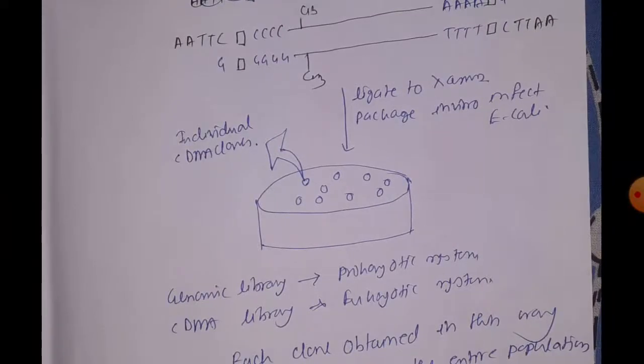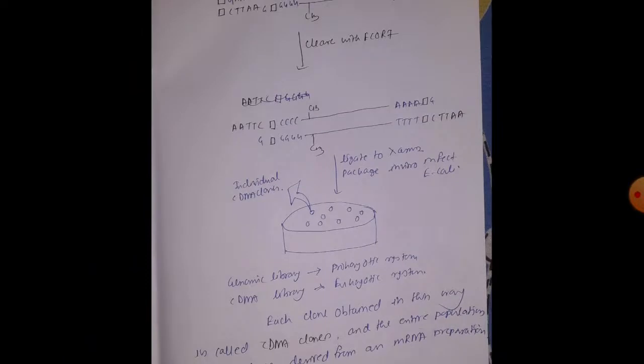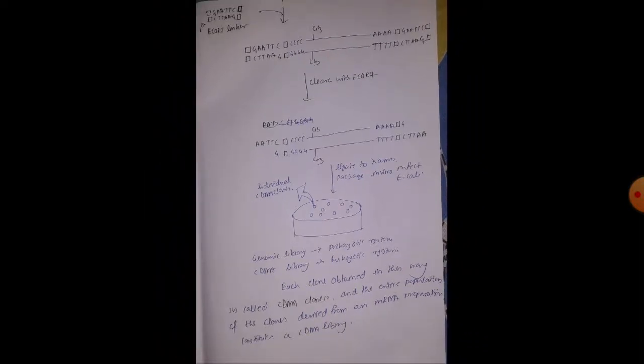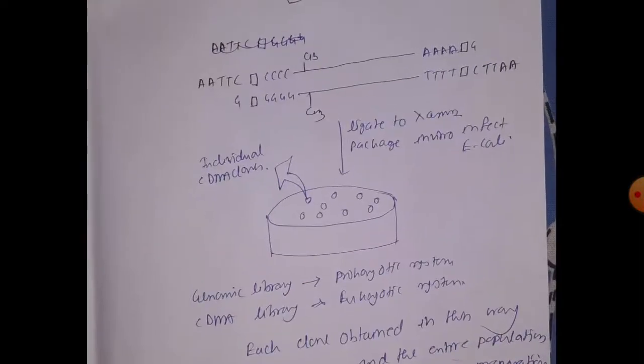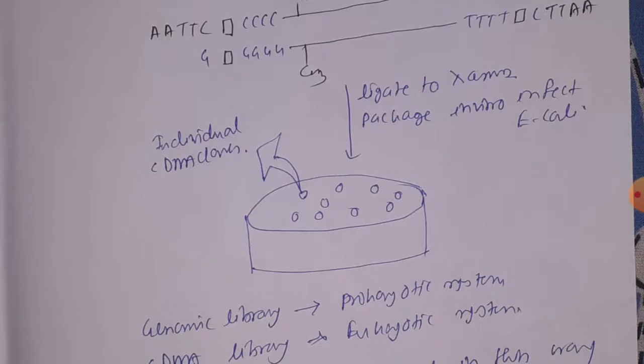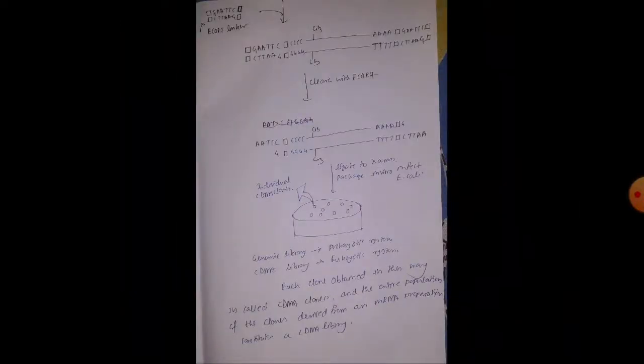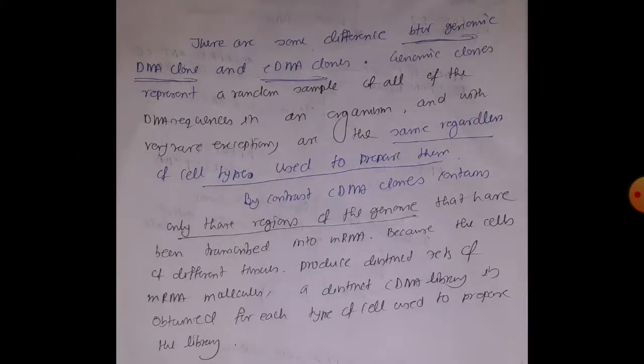That is the concept of how we can construct a library of genes which will not contain any kind of introns or non-coding sequences. Now if you have understood the entire concept of the cDNA library, then I would like to discuss with you an important and interesting difference between the genomic DNA library and the cDNA library.